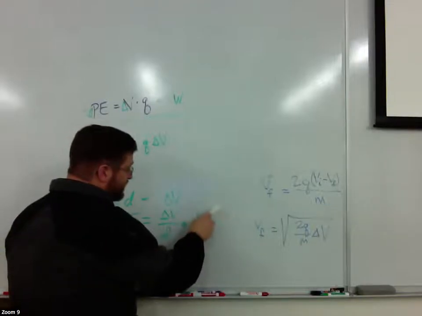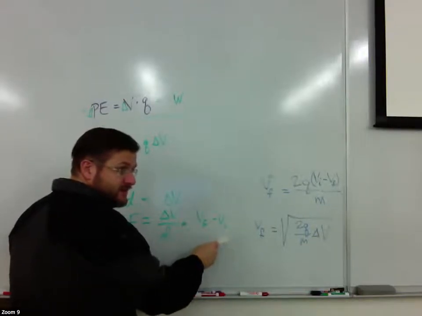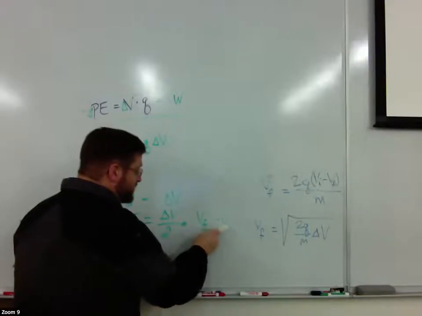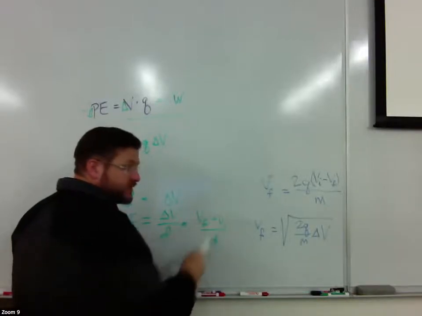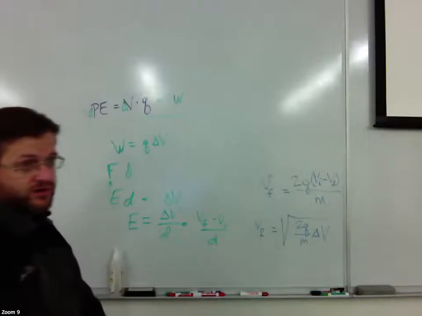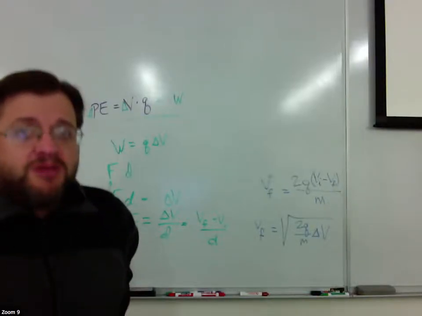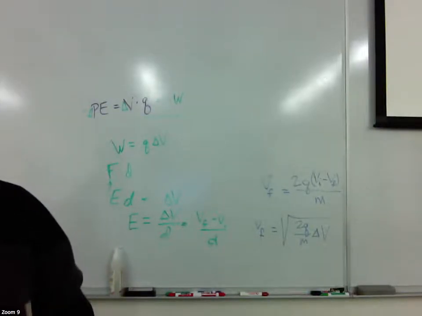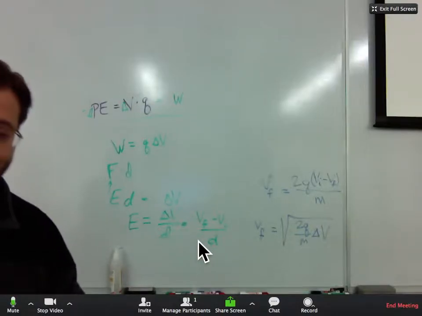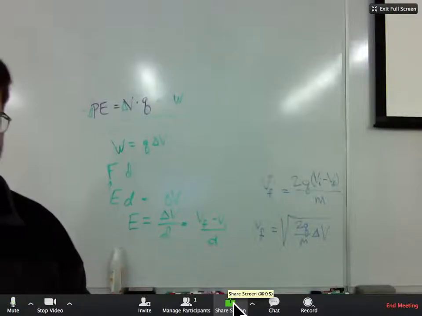Delta V equals V final minus V initial. And these are two different places in the field. So the D is the distance between the two places where those voltages are. You could think of it as the R, but it can be that, but it's not always that. So it's kind of confusing, but not too bad.